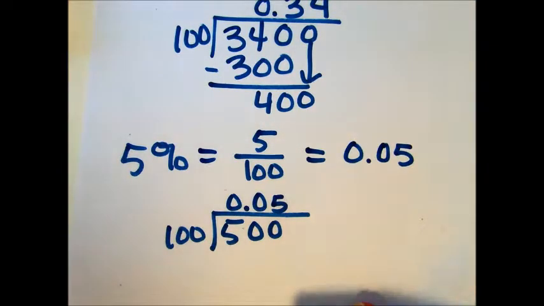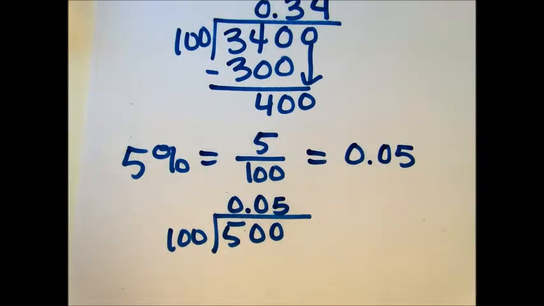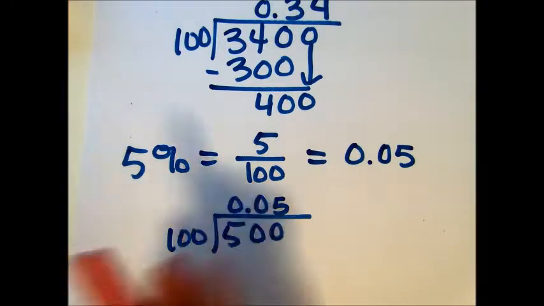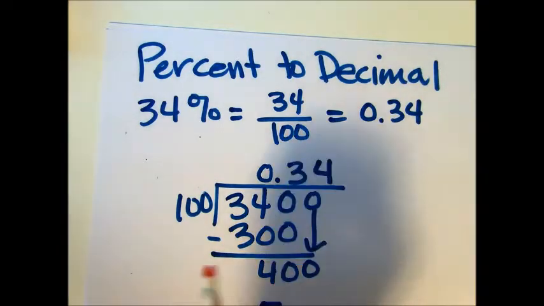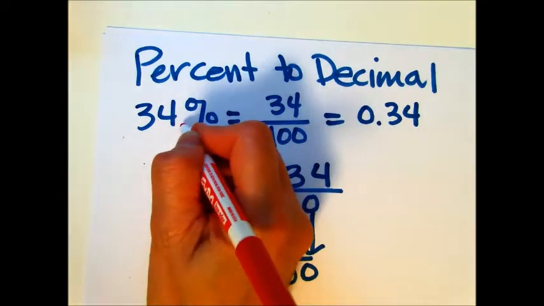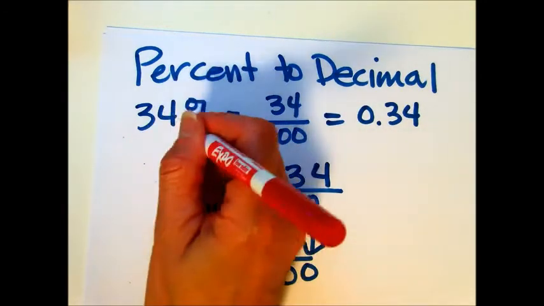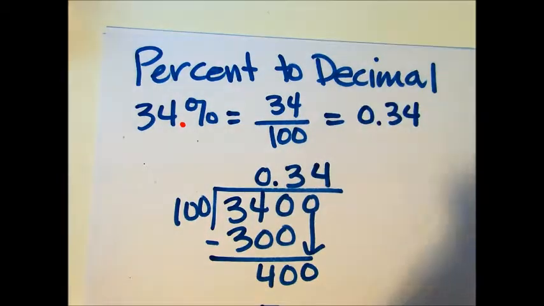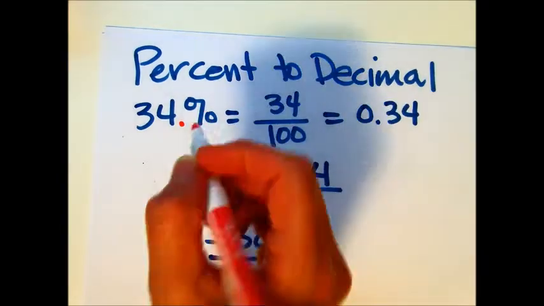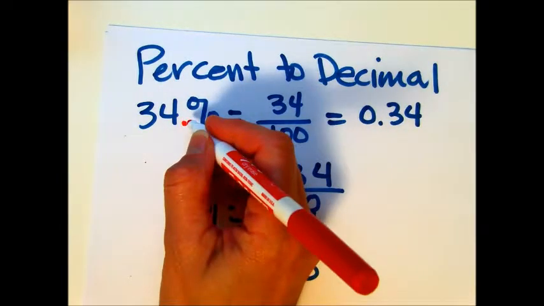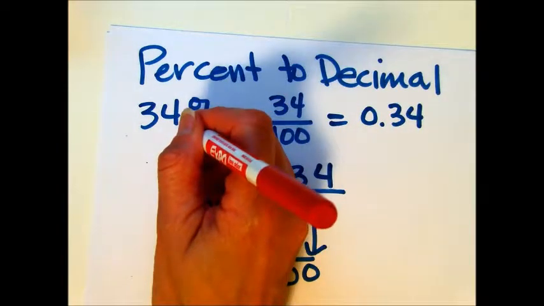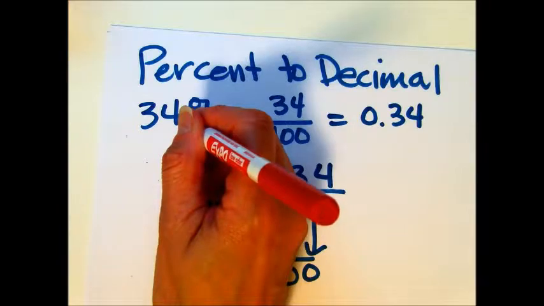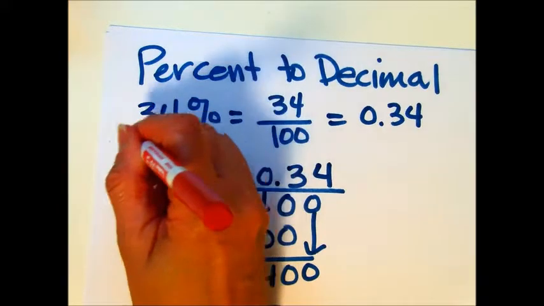Okay, now I'm going to show you a shortcut. And we'll look at both of these examples. The decimal point is right after the 4 in this number, 34%. We don't normally write the decimal point. But knowing that the decimal point is there, to convert to a decimal, we're just going to move the decimal point 2 spaces to the left.